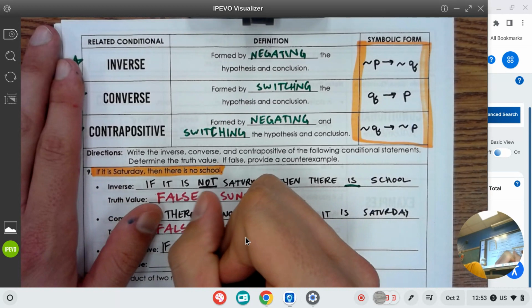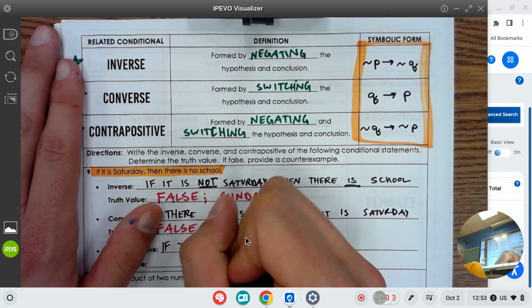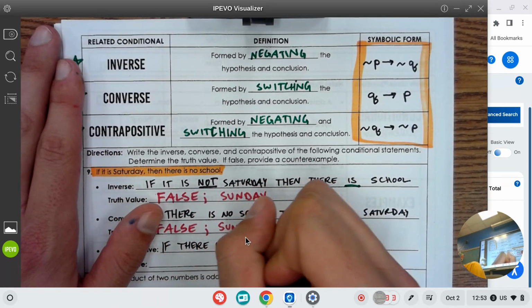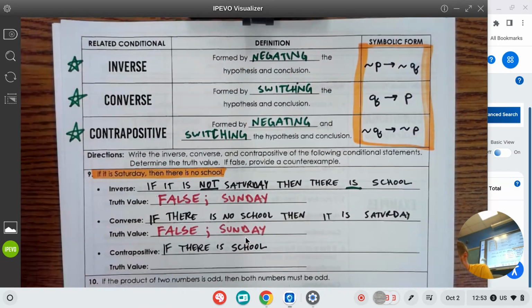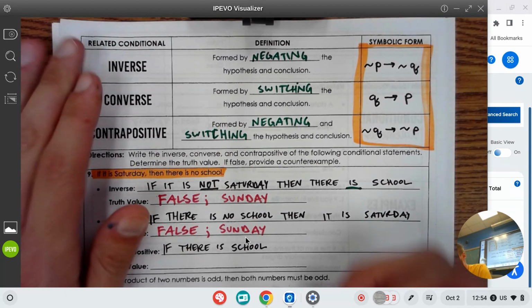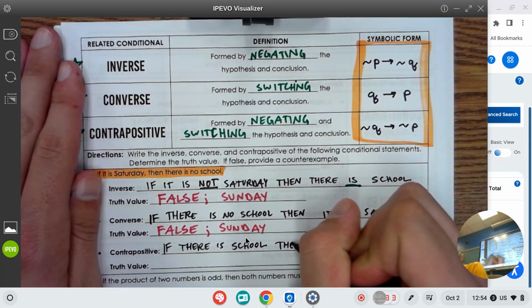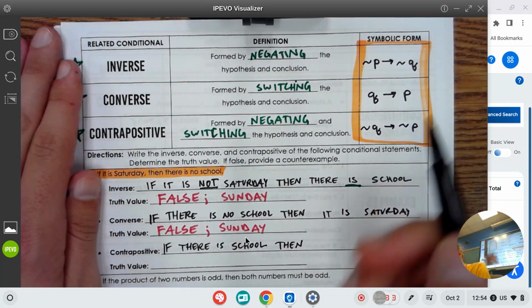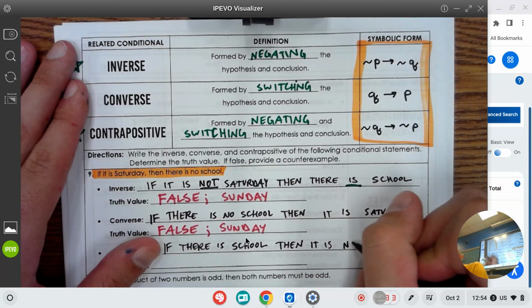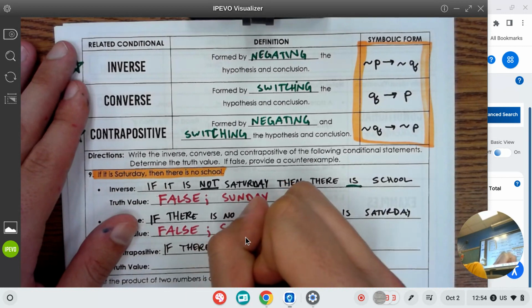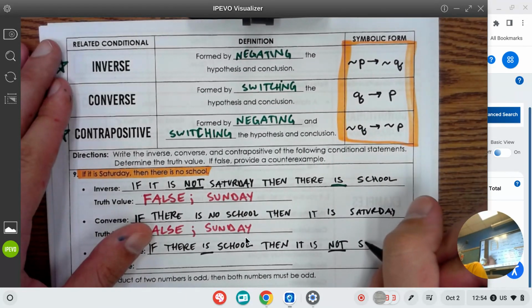If there is school, then now we need not P. It is not Saturday.